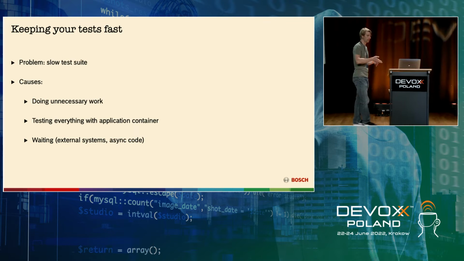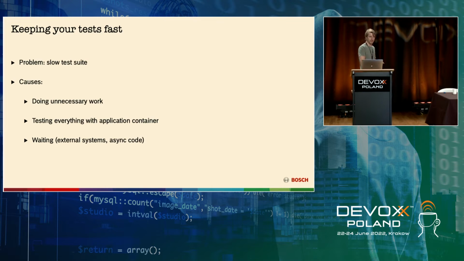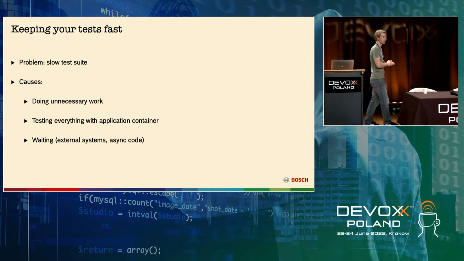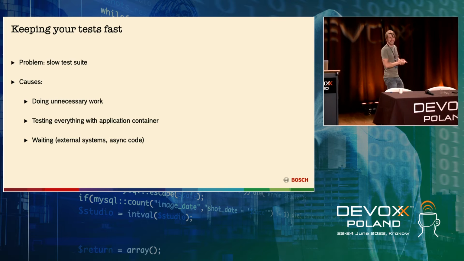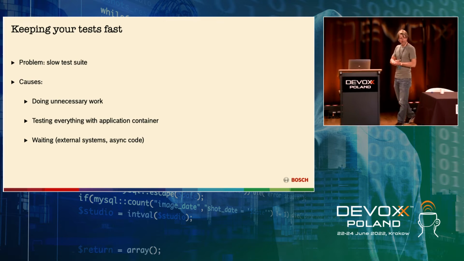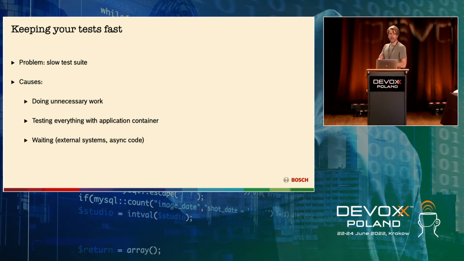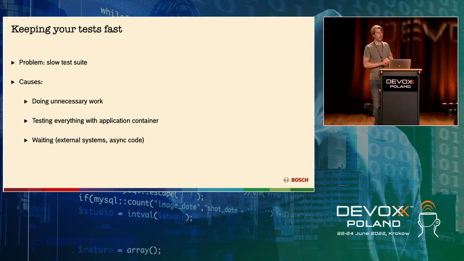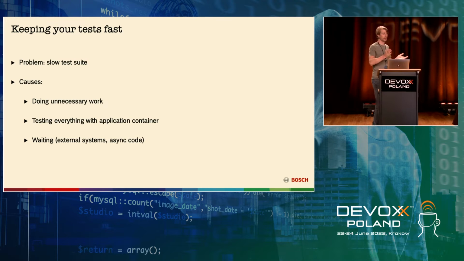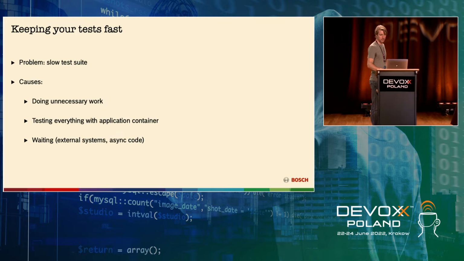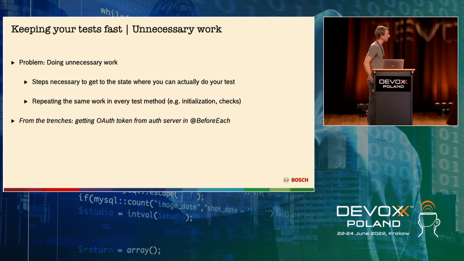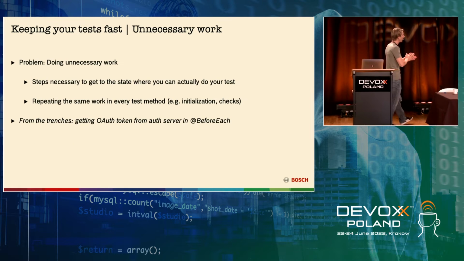Or if you use, I don't know, it's been a while since I used Java Enterprise Edition, but you know what I mean. Also, we could be spending a lot of time waiting for external systems or asynchronous code to return the result. So, doing unnecessary work.